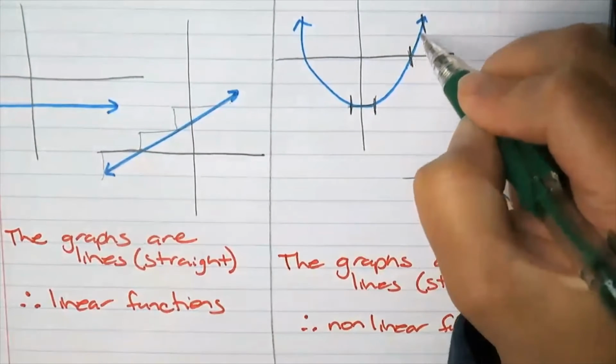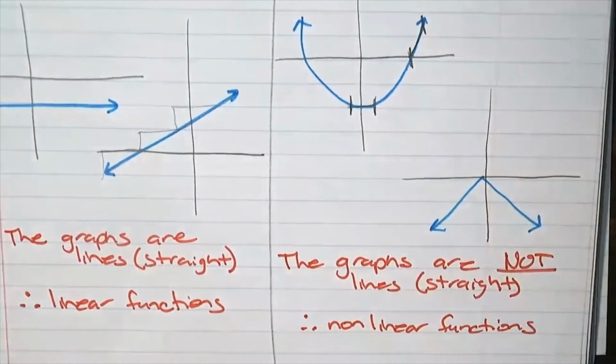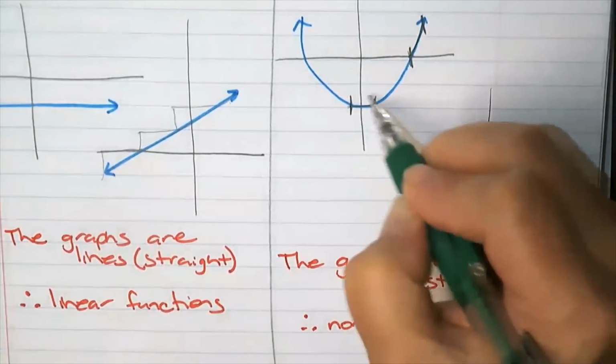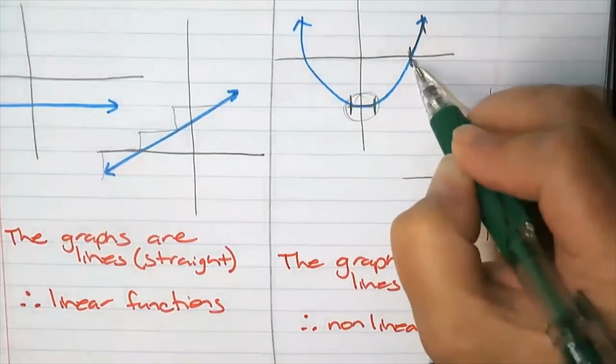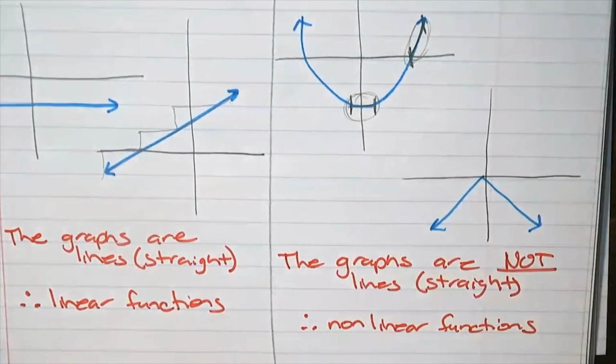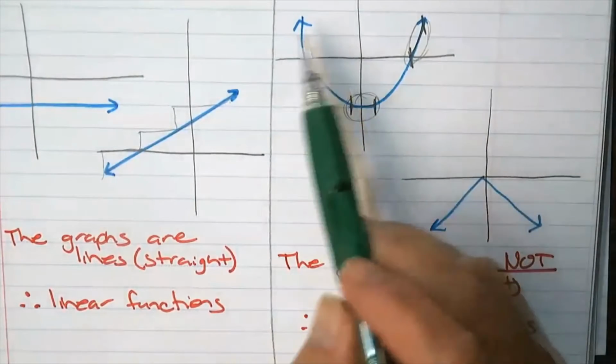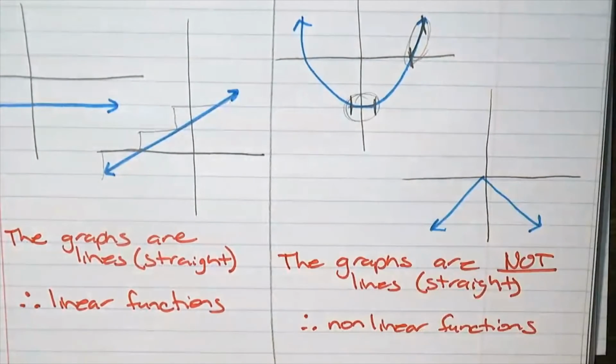This is much steeper. My slope is not the same here as it is here. So my slope or my rate of change is not constant. Therefore, my graph is not a line. It's not straight. So this is a nonlinear function.